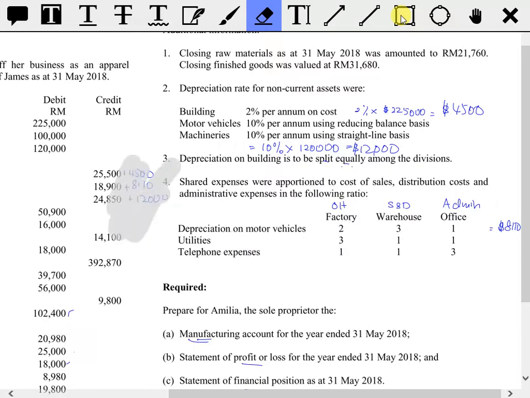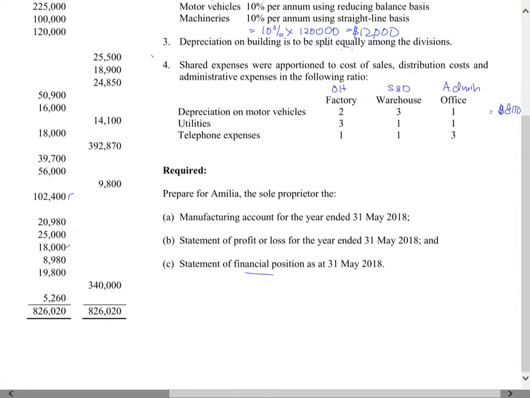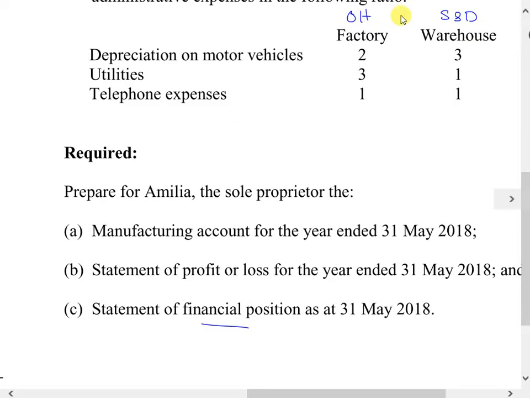Required: prepare for Amelia, sole proprietor, (a) manufacturing account, (b) P&L and (c) SFP. Are these two, A and B, linked? Yeah, we need manufacturing so we can transfer to our profit and loss.